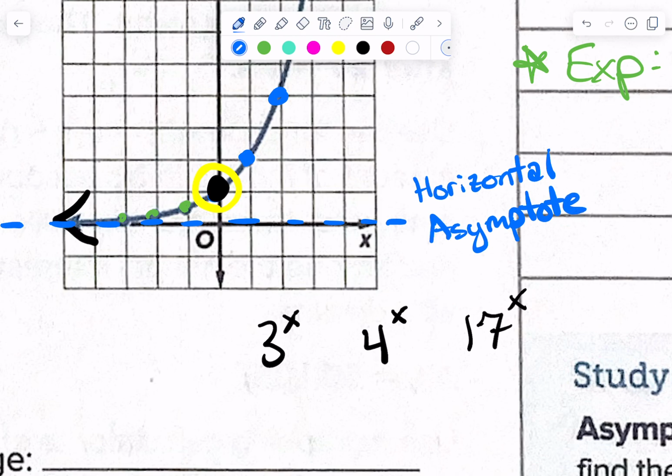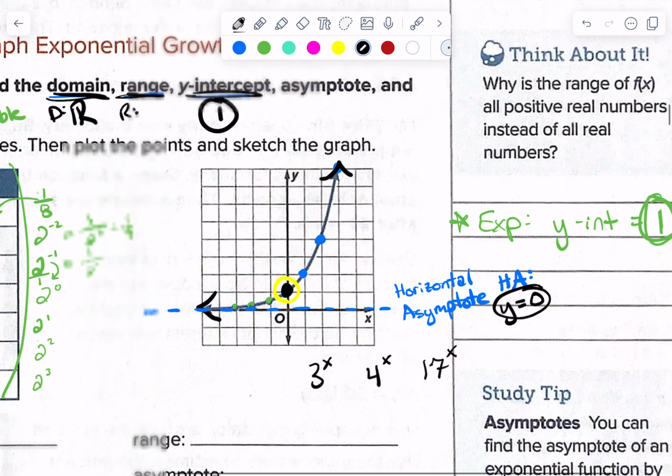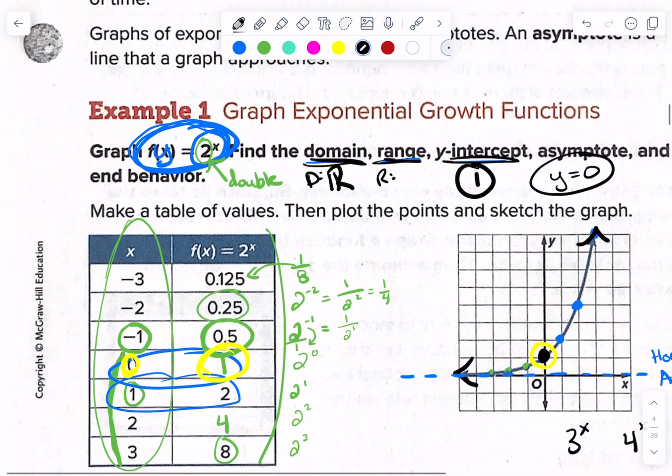It sounds like a naughty word, but it's not. I call it a ha sometimes because I don't want to write out horizontal asymptote. Now, this horizontal asymptote is crossing at y equals 0. That's where the ha is. He's at 0, crossing through the y-axis. So y equals 0 is the ha. That's my asymptote. I'm putting that up there, and there he is.